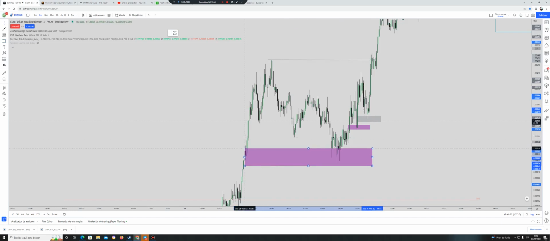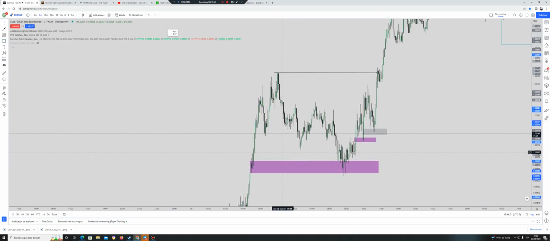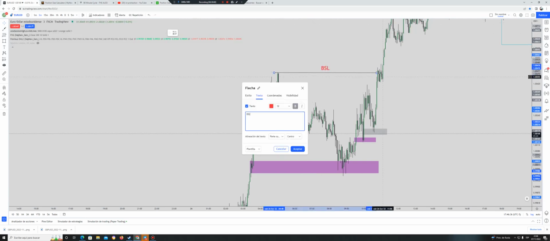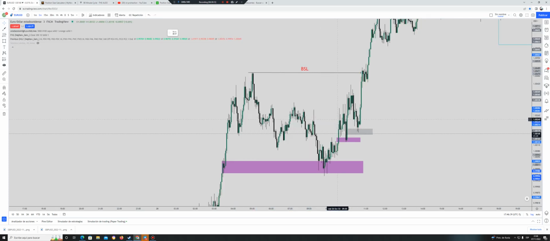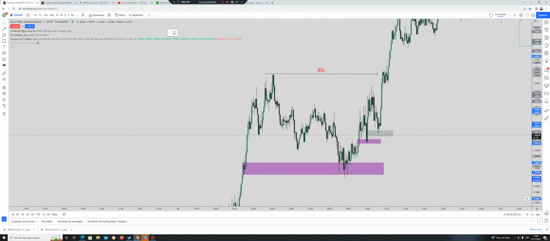Price is most likely to tap into this OB, and now we got this high here, which is, imagine, buy side liquidity, an important high. So imagine the 8:30 tapping on this other block, and we go at this high here, which is most likely to be taken.